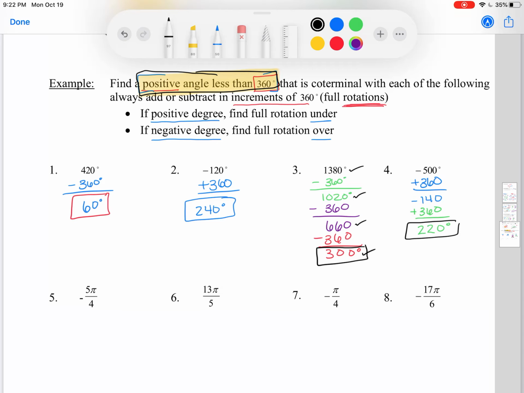And that gives me a positive 220. Follows my rules. It is between 0 and 360, so I can combine them. And it is still coterminal. The other coterminal angle I could have potentially used was negative 140, but again, because of the restrictions, I couldn't use that value.